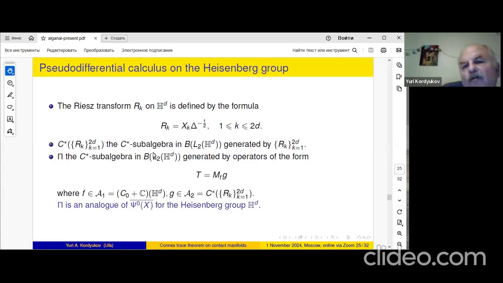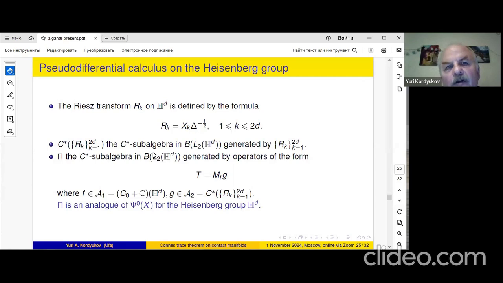Typically, pseudodifferential operators were developed for regularity properties of solutions of some equations and so on, but this approach is intended more for index theory. And the C-star algebraic approach in many cases is more appropriate and more efficient.